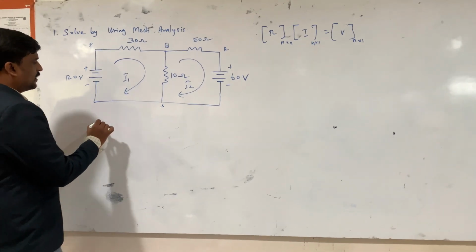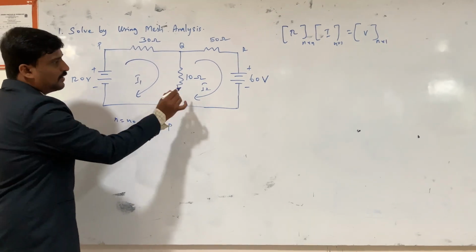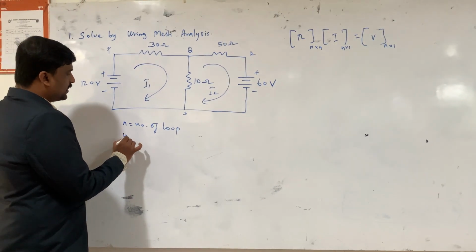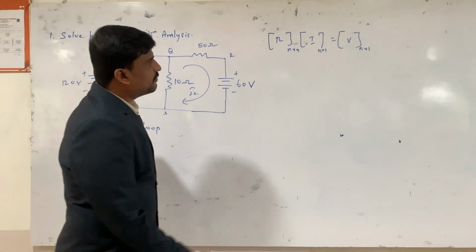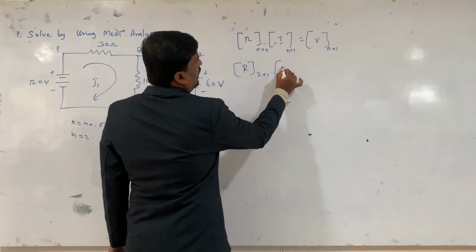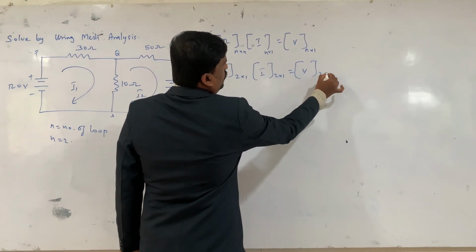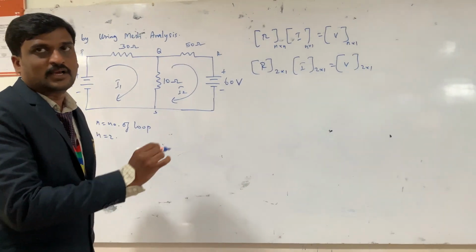Here N will be equal to the number of loops. We have a 2 loop system, so N is equal to 2. So the sizes we get are R is 2 into 2, I is 2 into 1, and V is 2 into 1. We'll find them one by one.